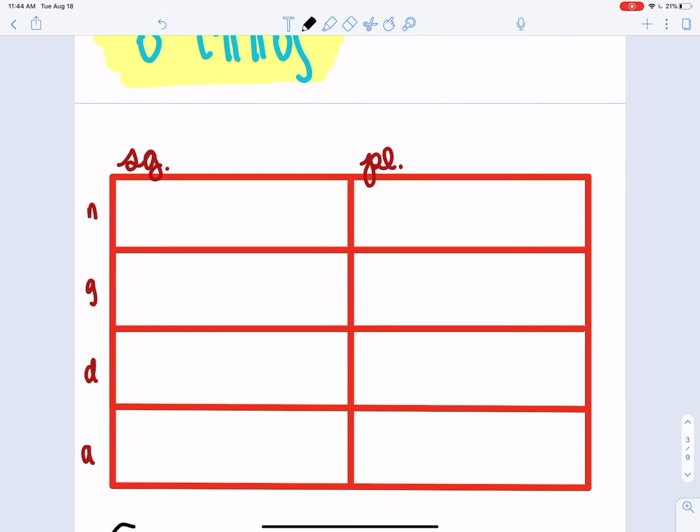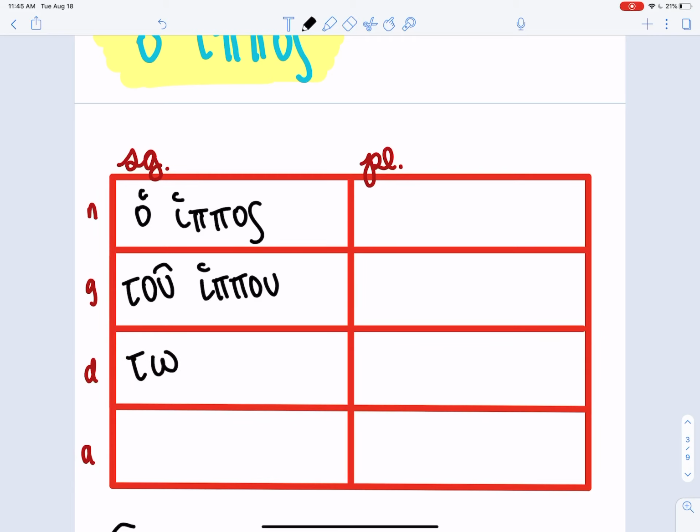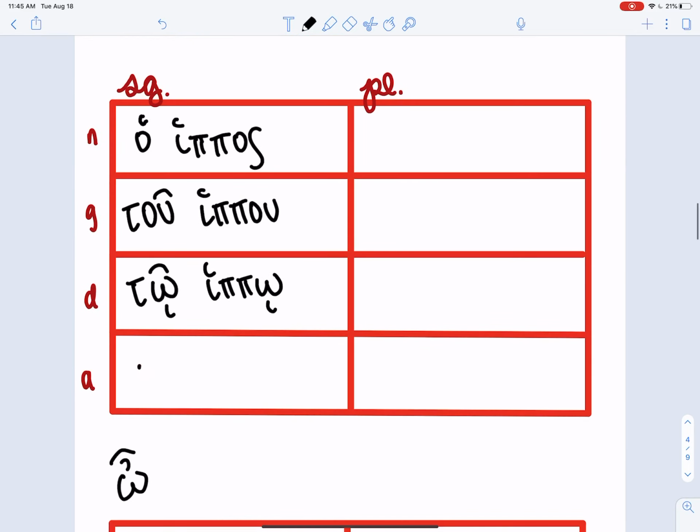So let's decline it. Nominative singular, we have ho hippos, then tou hippou, then tō hippō, and ton hippon.